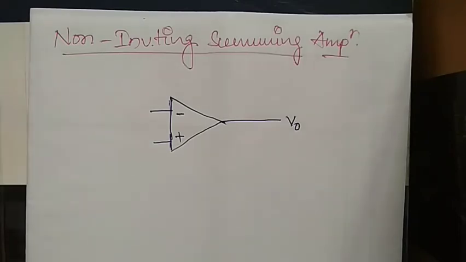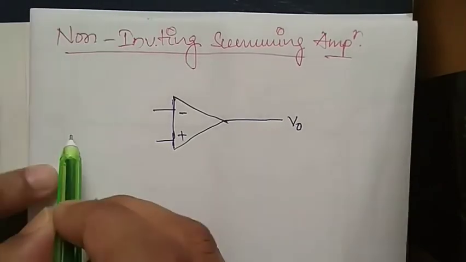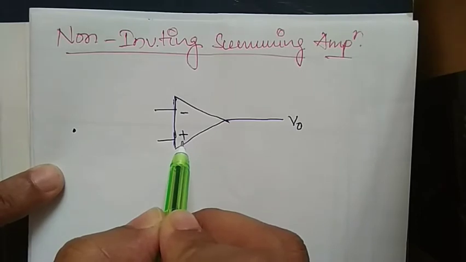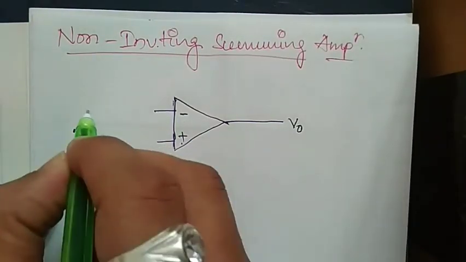Okay, let me consider the next one, the non-inverting summing amplifier. The name itself defines that it is non-inverting, which means you have to supply your input to the non-inverting terminal, and the inverting terminal must be connected to the ground.